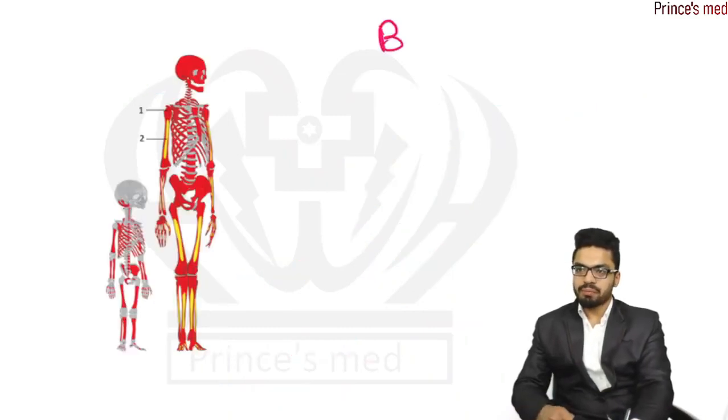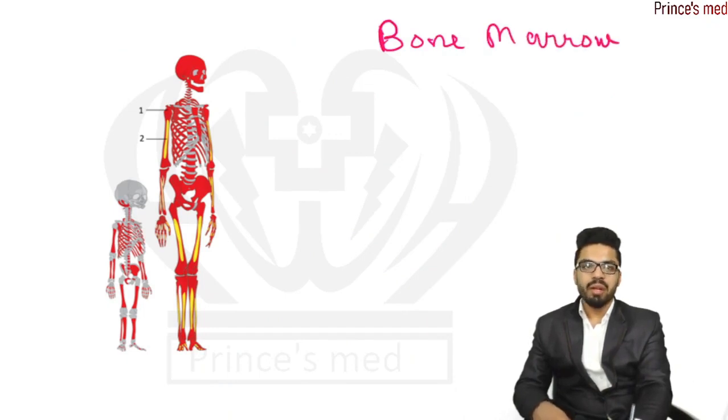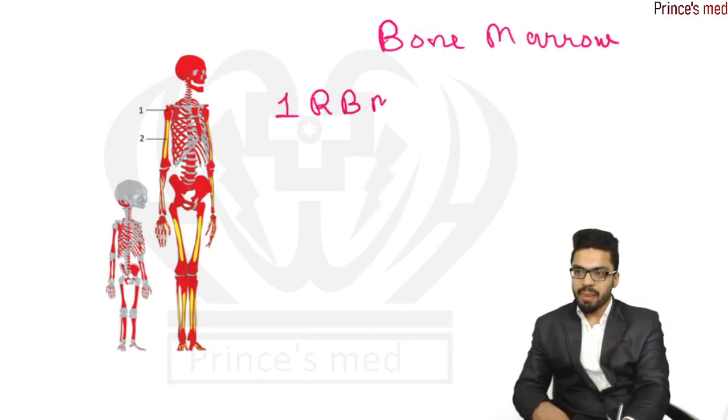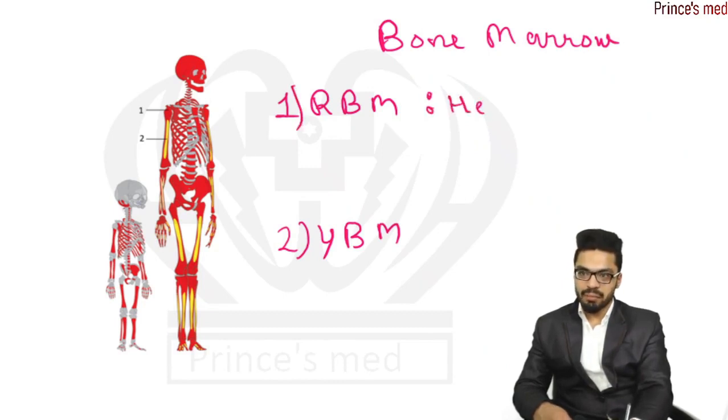Now we will see our favorite, bone marrow. Bone marrow is of two types, red bone marrow and second is our yellow bone marrow. Red bone marrow is also known as hematopoietic organ because it forms all blood cells.